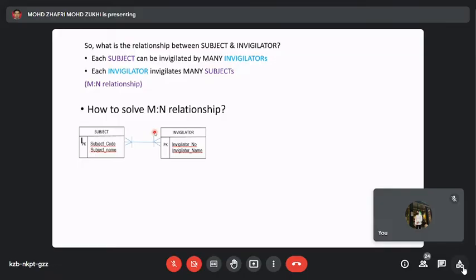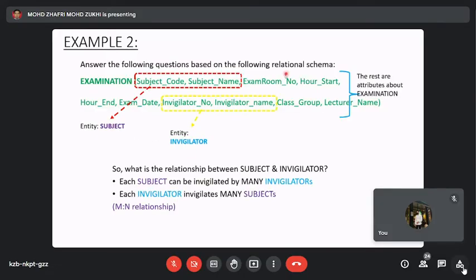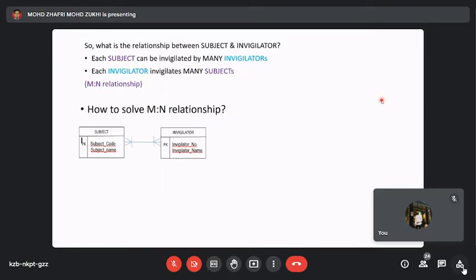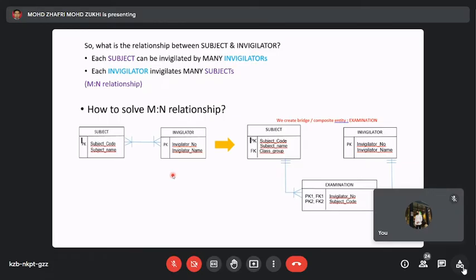Based on the other attributes which belong under examination, we know that examination can be the bridge table for the subject table and invigilator table. So we create it like this. We create a bridge or composite entity, examination.